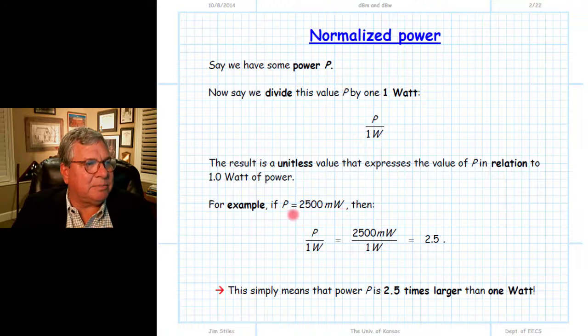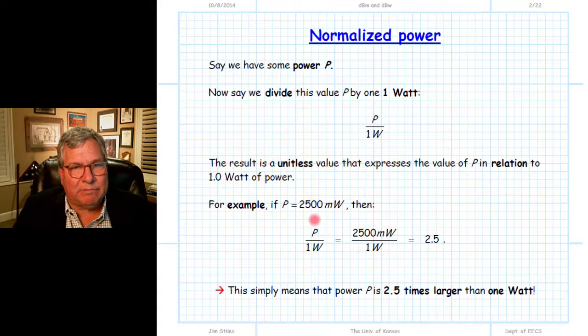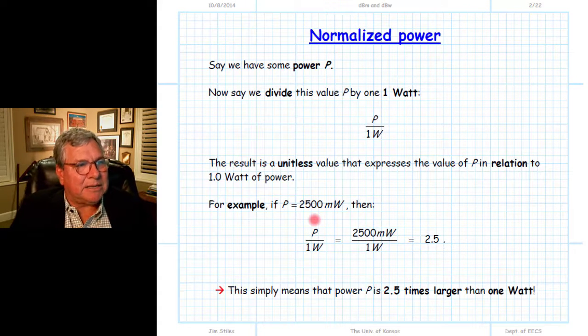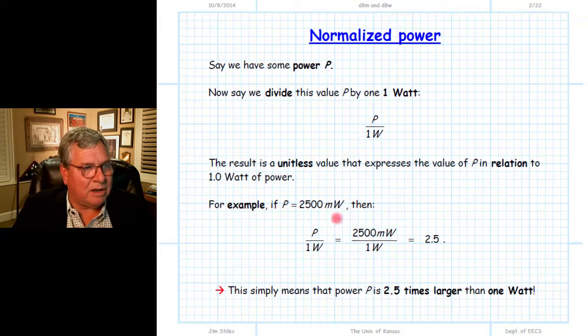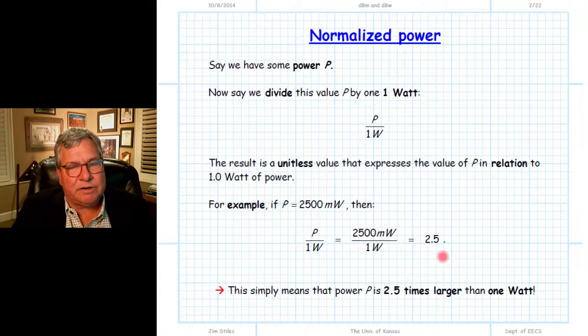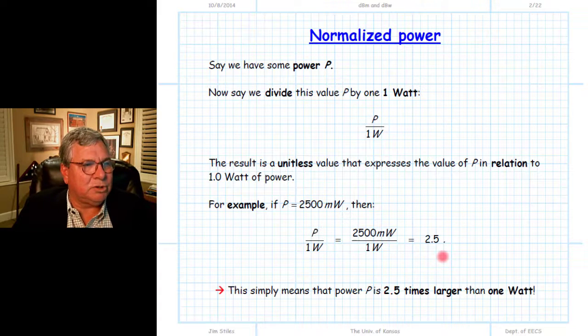What we're saying is the power P is 2.5 times larger than 1 watt. Well, 2.5 times larger than 1 watt, of course, would be 2.5 watts. But again, by stating it this way, 2.5 times larger than 1 watt, we can apply the decibel operator to this coefficient, this multiplier of 2.5.